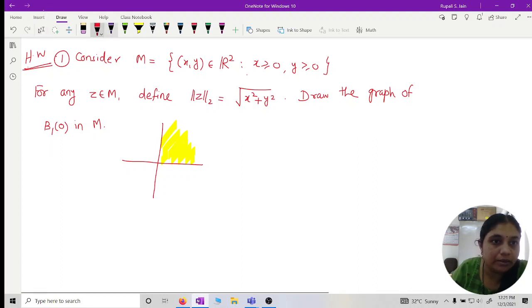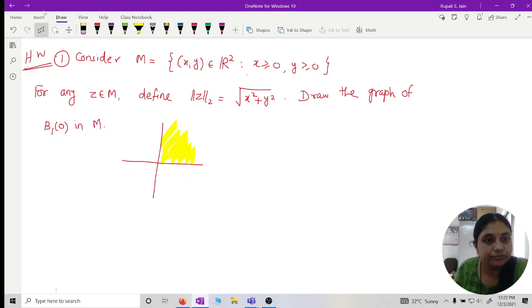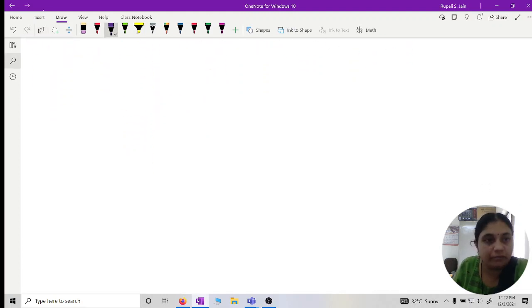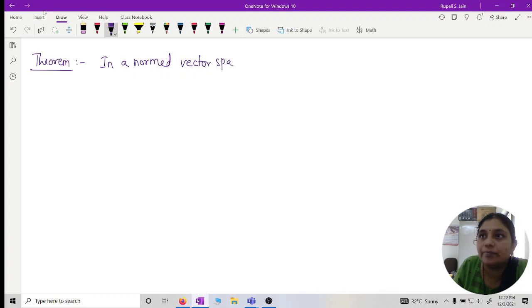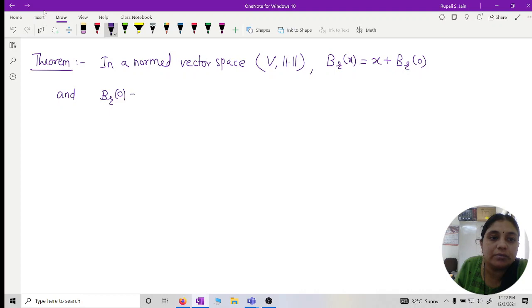Next we will have the theorem. We'll state it as a theorem. In a normed vector space, B_r at x is nothing but x plus B_r at 0, and B_r at 0 is nothing but r times B_1 at 0.